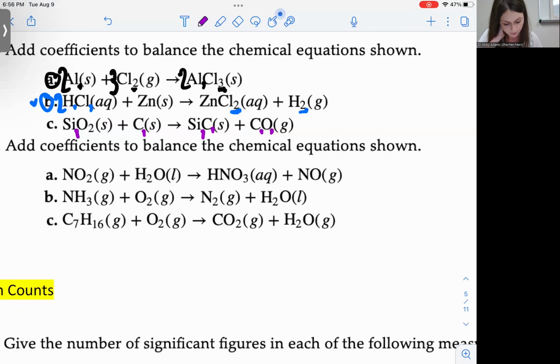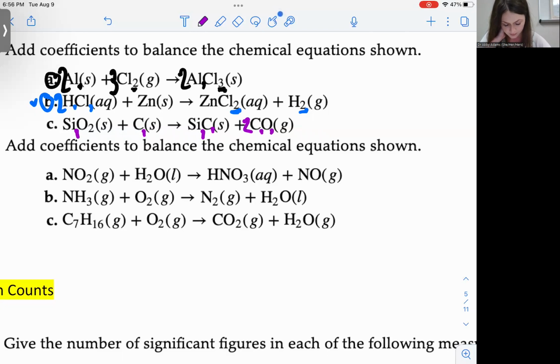Okay, and I'm going to pick, let's see. We know that we need to increase carbon, and we also need to increase oxygen though. Okay, so let's see. If we increase oxygen, because we know we've got to increase carbon, we've got oxygen all right there.